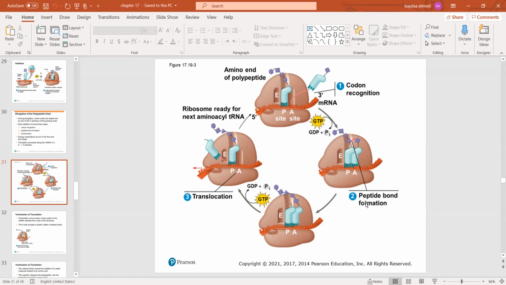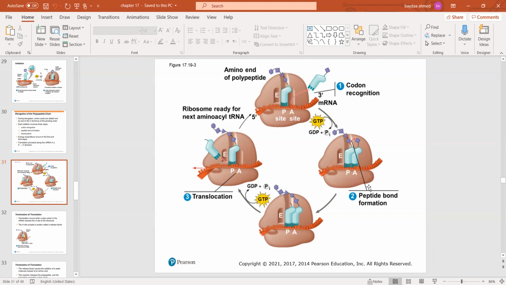Here in the second step, peptide bond formation, an rRNA molecule of the large ribosomal subunit catalyzes the formation of a peptide bond between the carboxyl end of the growing polypeptide in the P site and the amino group of the new amino acid in the A site.